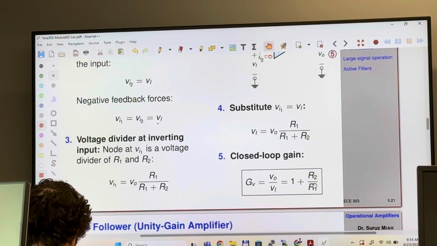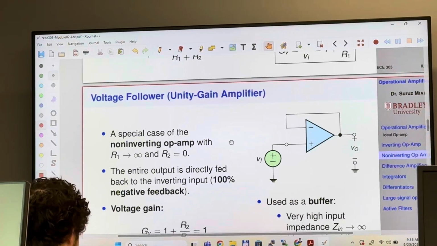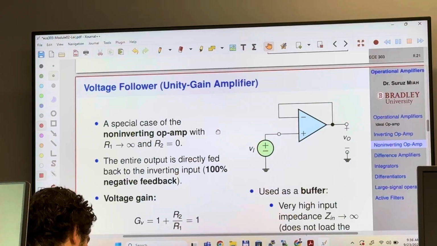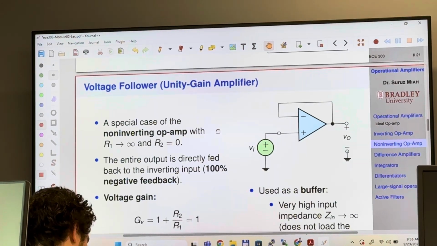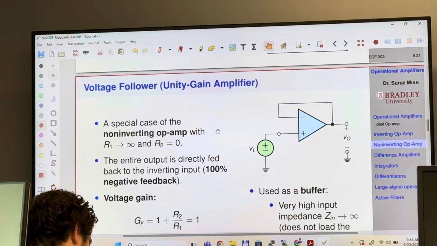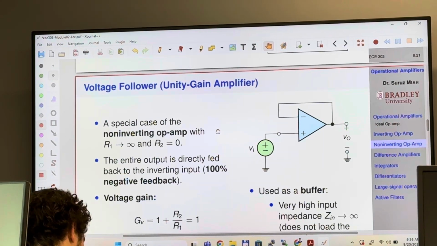It is a slightly different way of analyzing, but ultimately you get the same result.